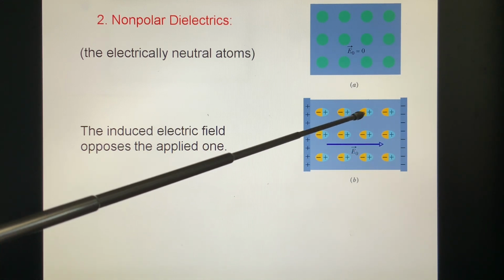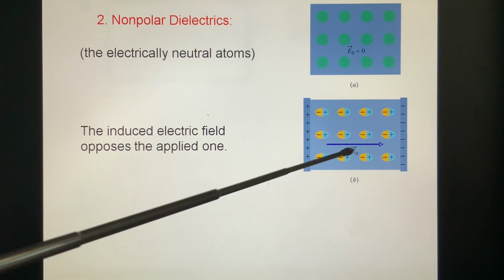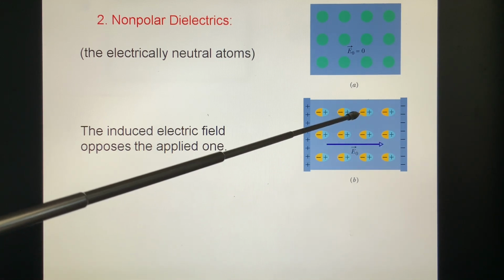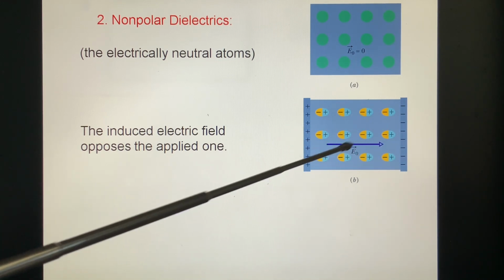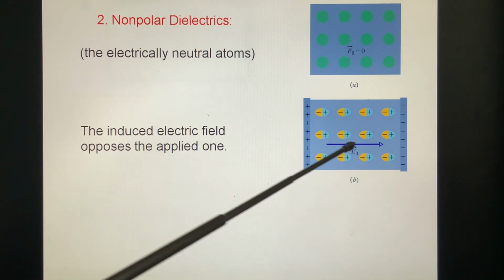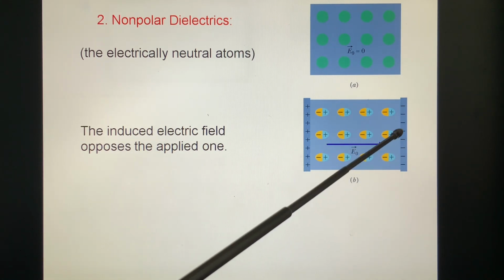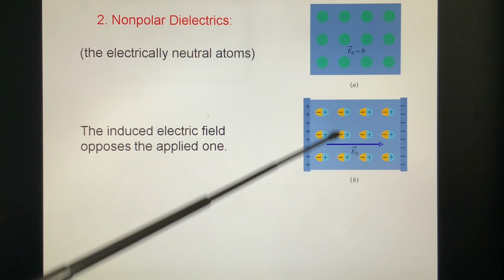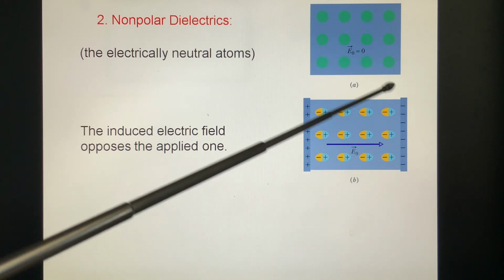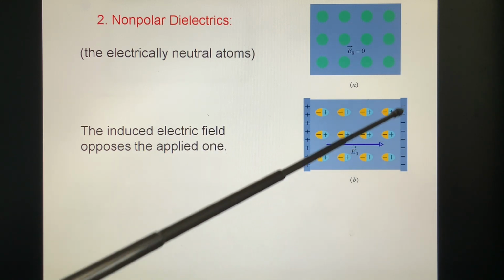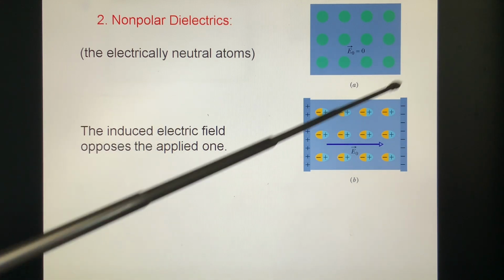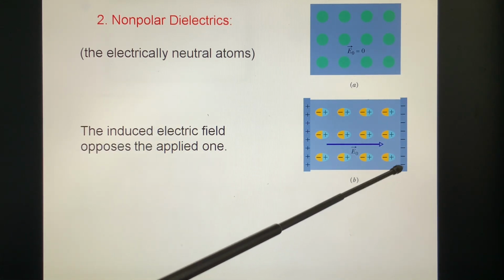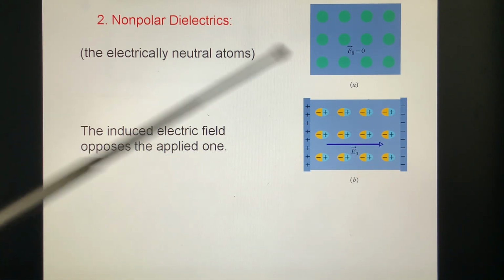The positive charge is moved along the E direction. The negative charge moves opposite the E direction. So you see, in the central part, negative, positive, they are neutral, no extra charge. Only at the two ends: this end you have positive charge, this end you have negative charge.